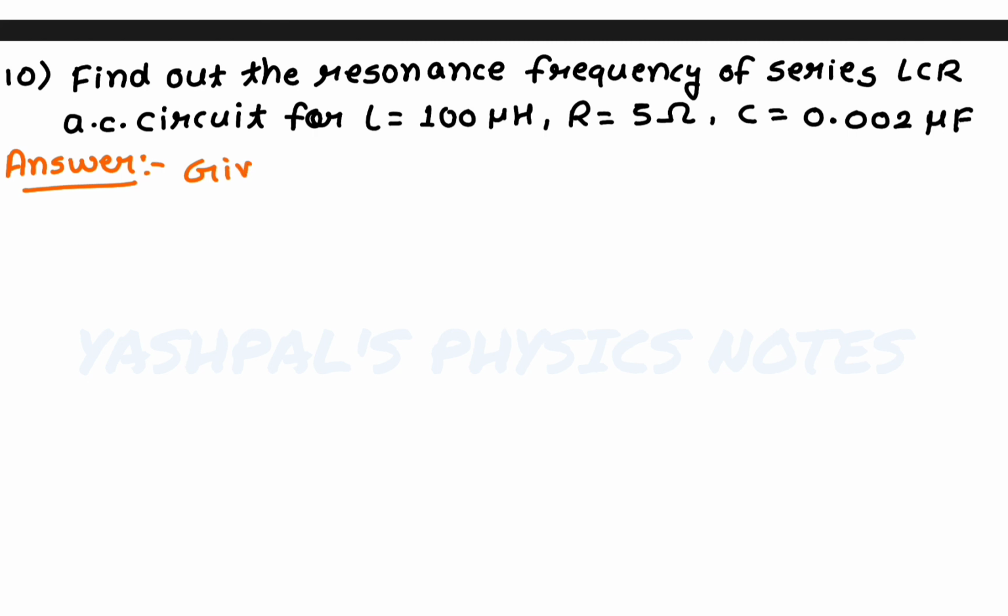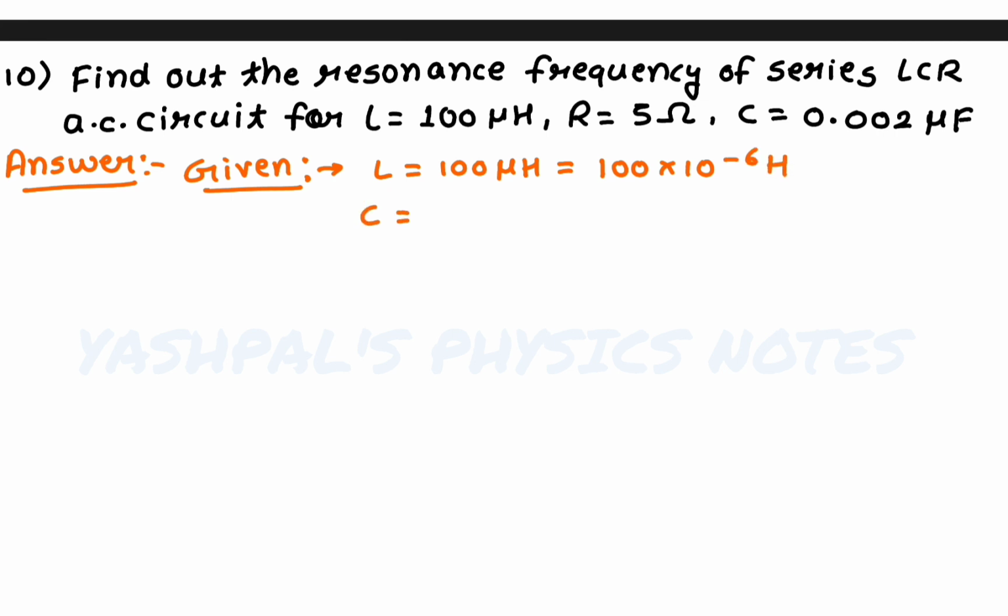Write the given data. Always start your answer with the given data. So what is given? L is given as 100 microhenry. Again, this is not in standard form, so convert into standard form: 100 into 10 to the power minus 6 Henry.